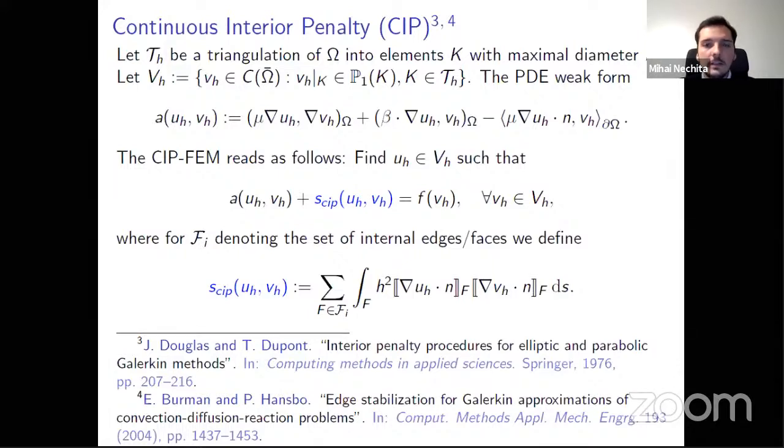So this interior penalty stabilization is quite old, actually, from the 70s, but in the last 15 years, it has seen a sort of revival, and it was explored in different contexts.